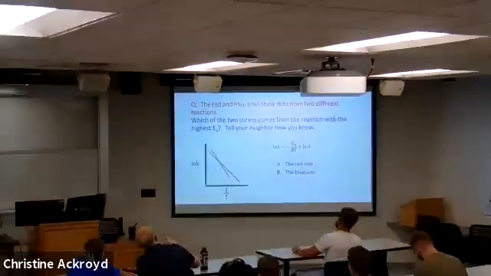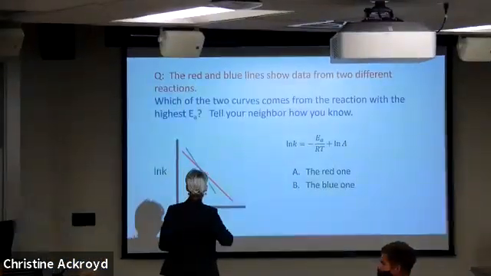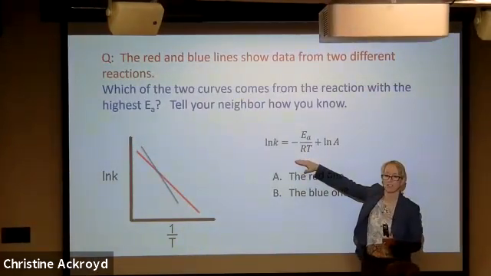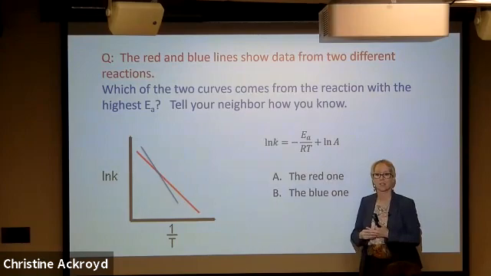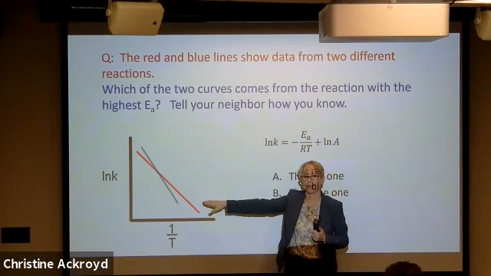So what does our slope equal? The slope equals minus energy of activation over R, right? Negative or positive slopes? These are negative slopes, okay?